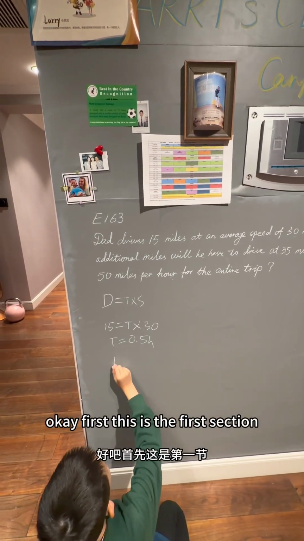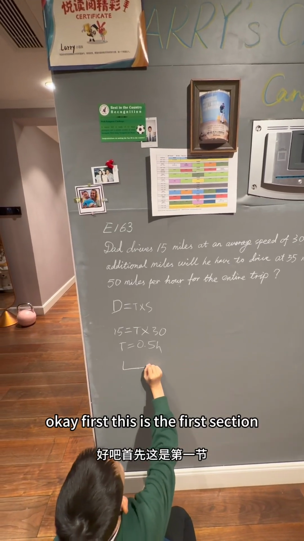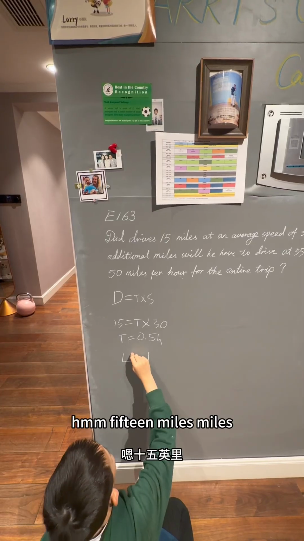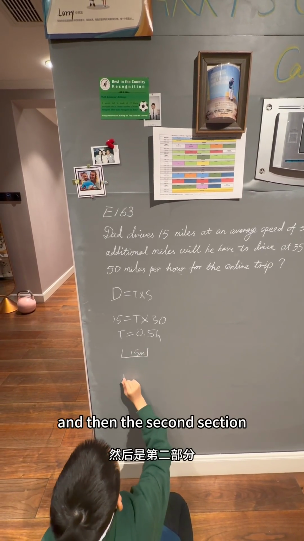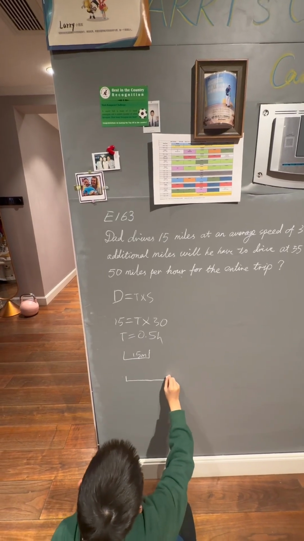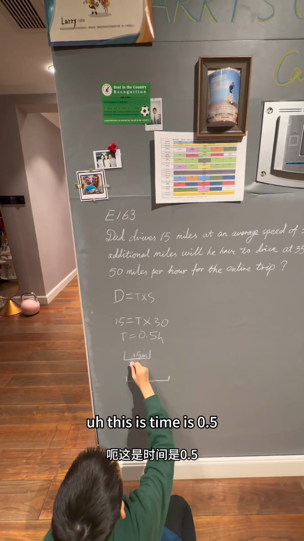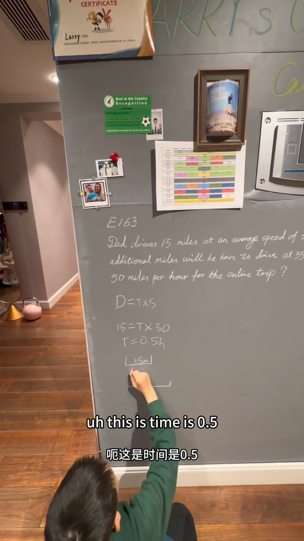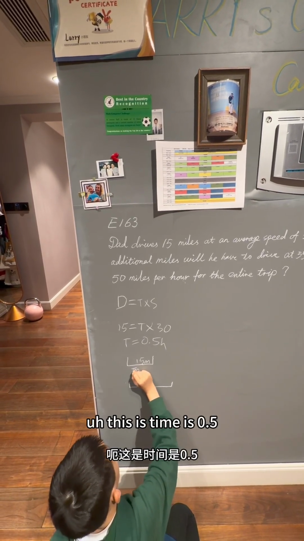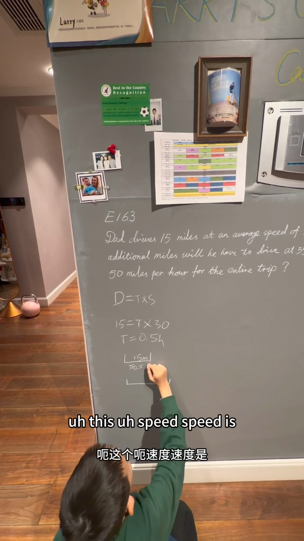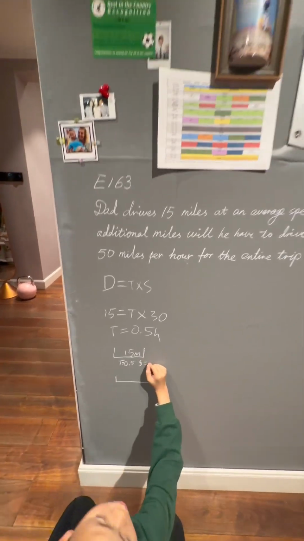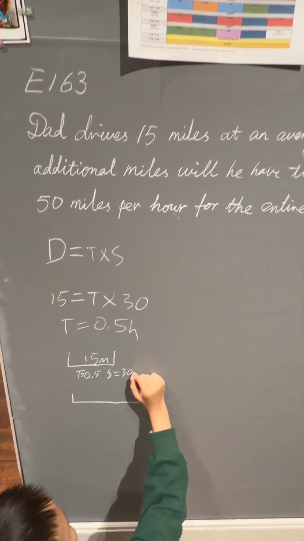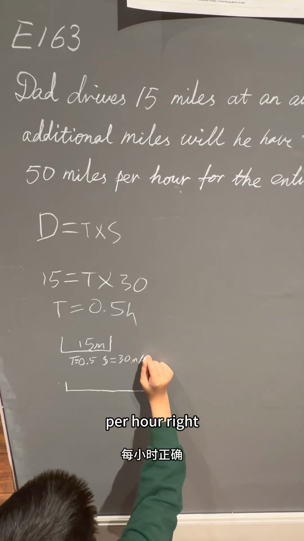First, this is the first section: 15 miles. And then the second section. The time is 0.5, the speed is 30 miles per hour.